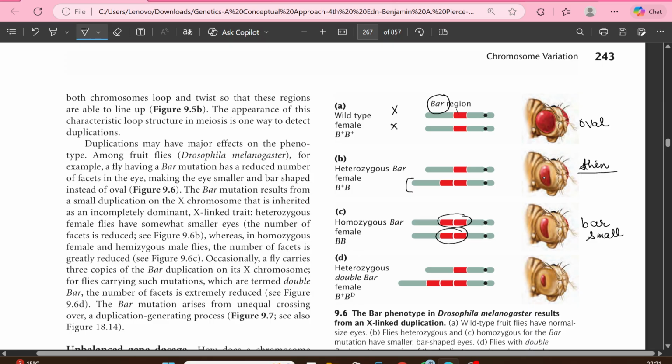And finally, if there is a double bar mutation on any of the chromosomes, means the bar gene is repeating two times again, that time the eye is very minimal. So always remember, whenever the bar region gets duplicated, that time the eye size decreases. So there are the four conditions which can be possible.